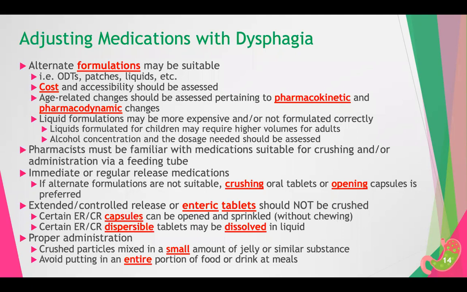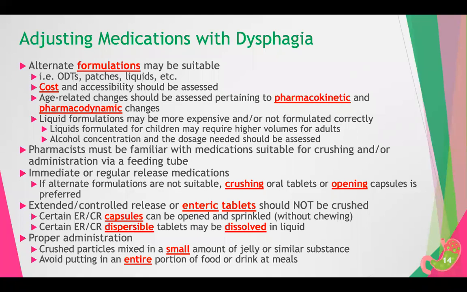So as pharmacists, we must be familiar with those medications that are suitable for crushing and/or administration via a feeding tube. So in general, immediate or regular release medications, if alternate formulations are not suitable, immediate or regular release medications can be crushed, or the capsules can be opened.